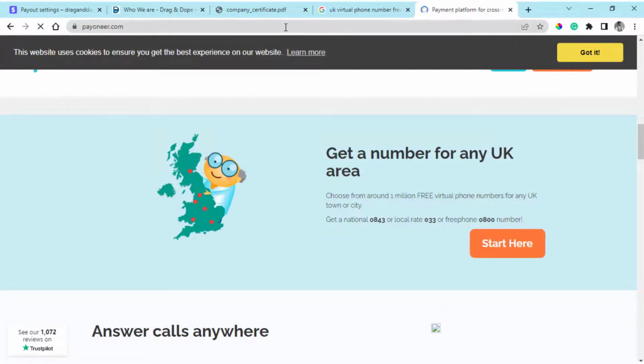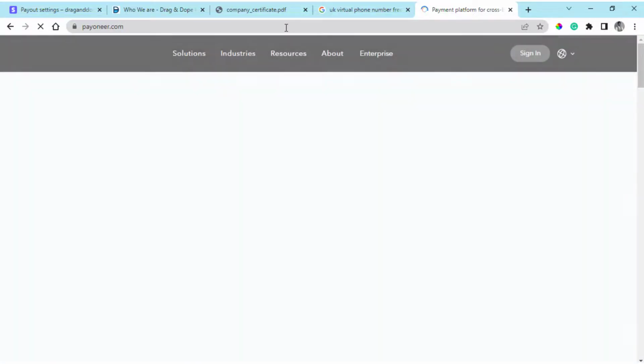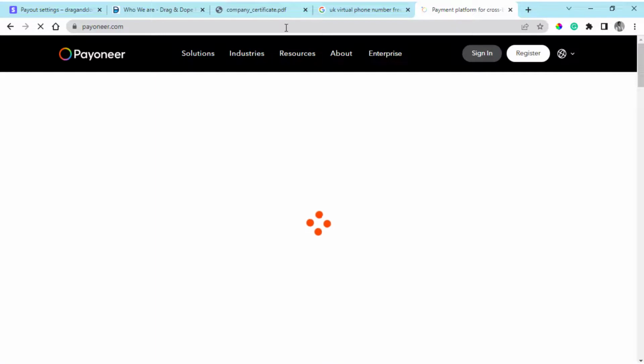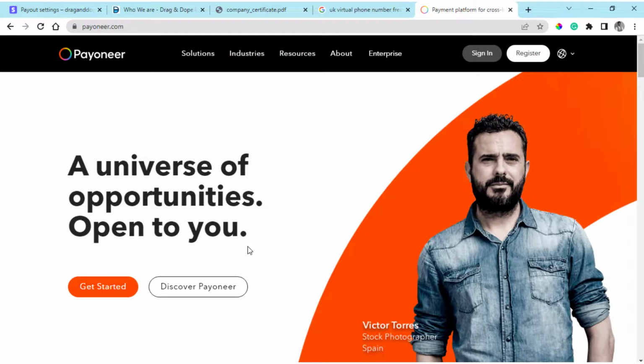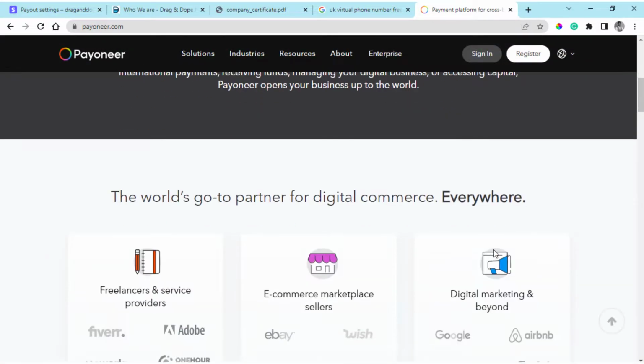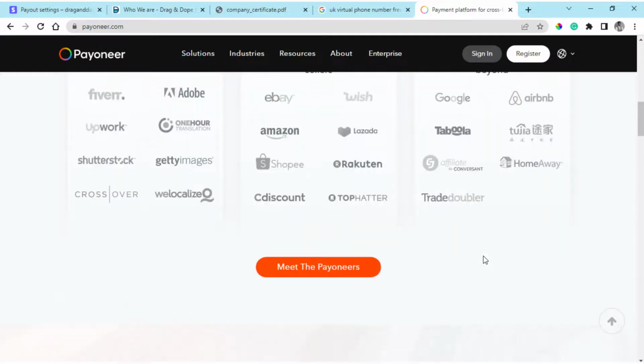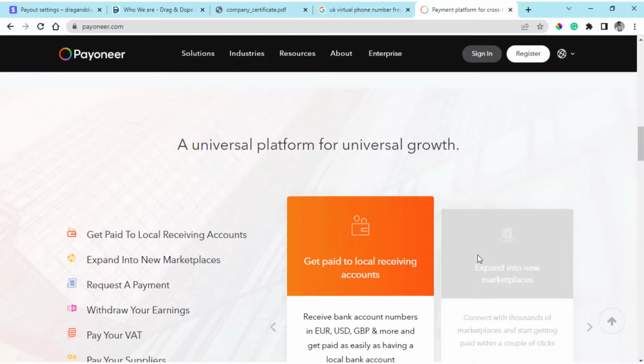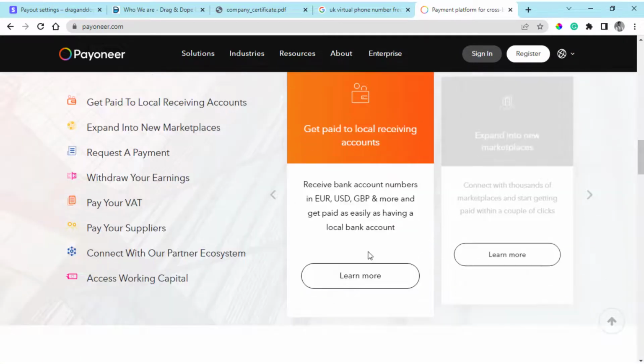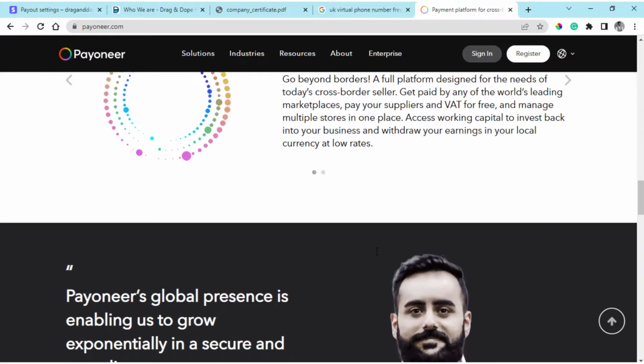So Payoneer account is a very important account for you to have if you want to do some things that are on the international level, because how Payoneer functions, even if you have books on Amazon, you would need to have a Payoneer account. Unlike every other payment platform that just creates an account for you, where you have a kind of e-wallet, what Payoneer does is they actually have a valid bank account that is assigned to you when you create an account with them.